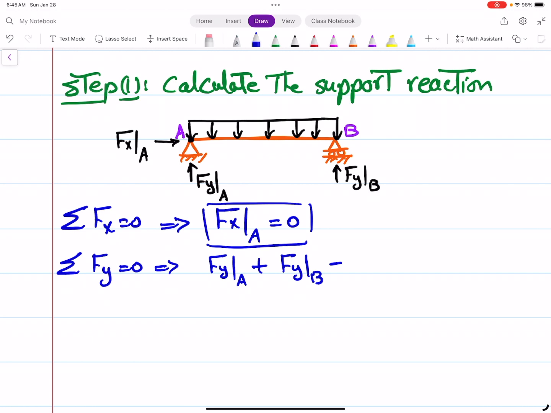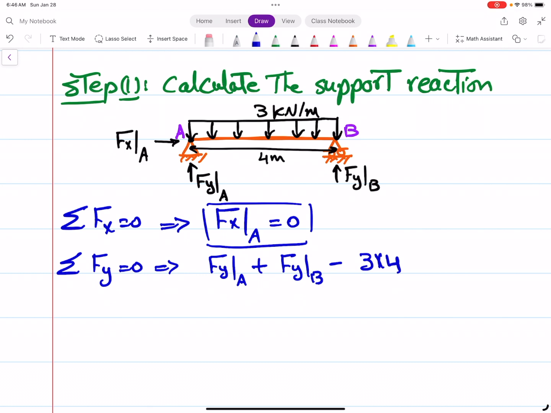So this distributed load was 3 kilonewton per meter, and we have this length as 4 meters, right? So calculate the area. It is a rectangle, length by width. The length is 4, the width is 3 kilonewton per meter, so the area should be 3 times 4.